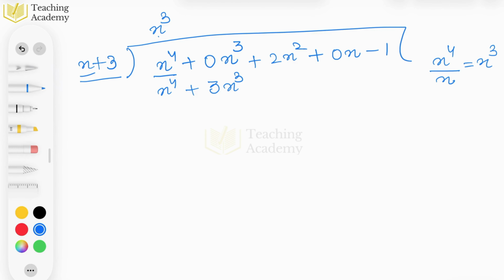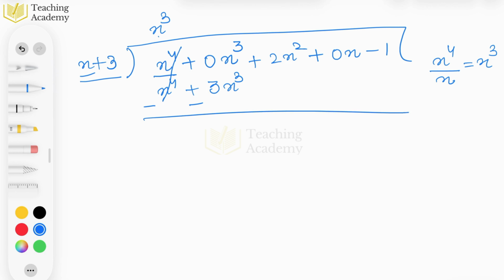You understand why I wrote here the missing terms, 0x cube? Because I know that if I'm going to multiply it, I'm somewhere getting those missing numbers. So where am I going to write those? That is the reason you also have to write these things. Okay. Now just change the sign of the second line.